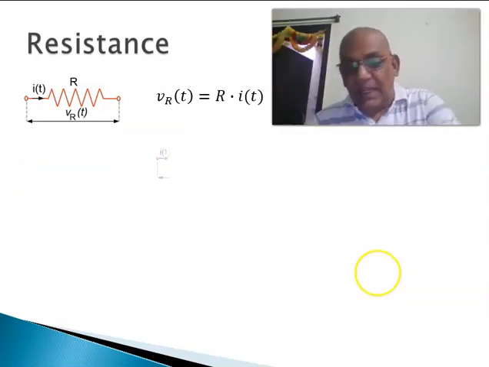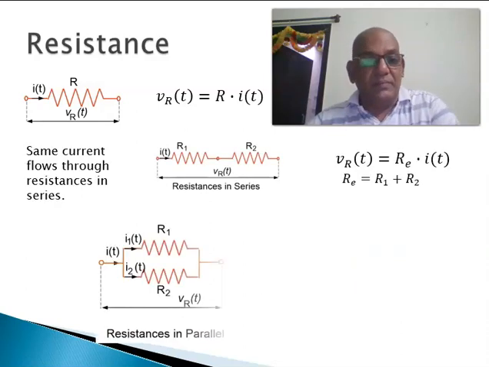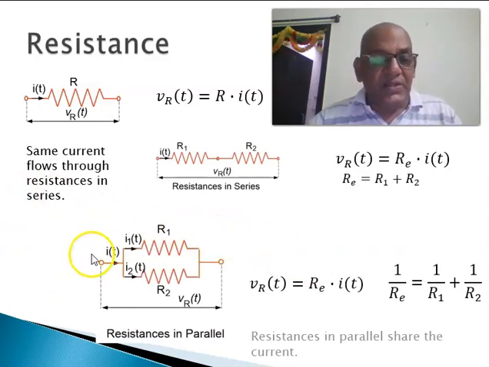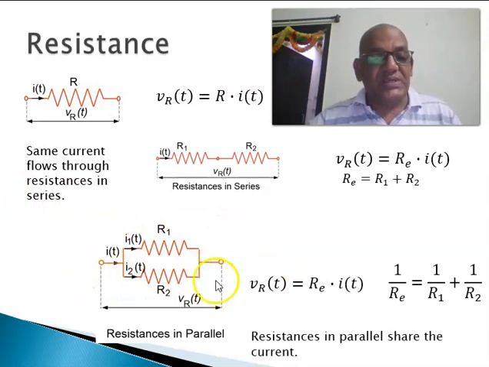When they are connected in parallel, the current is split between these two resistances. We say that resistances R1 and R2 are in parallel when a certain current is split between R1 and R2. I1 goes through R1, I2 goes through R2.